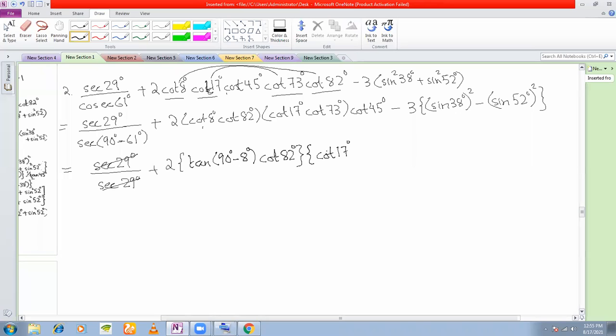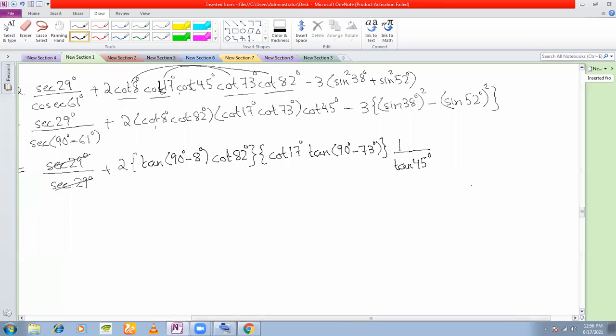This cot 17 I kept as it is. Cot 73, let's change to tan. And cot 45 can be written as 1 by tan 45. Right? Tan 45 is a standard angle. From the table, you know the value. Minus 3. Now, as I told you here, sine square 38 minus sine square 52.